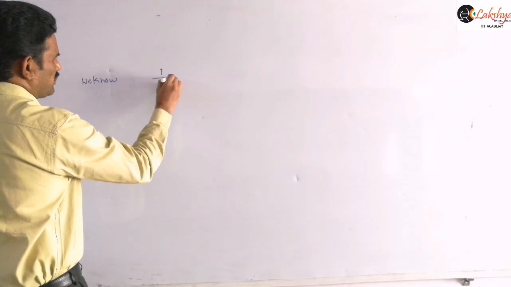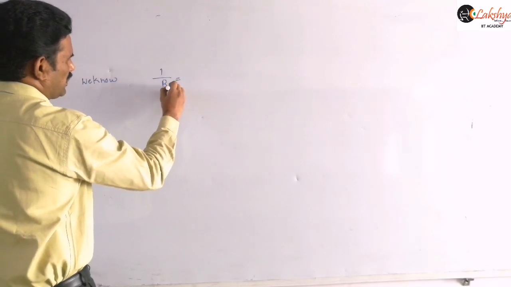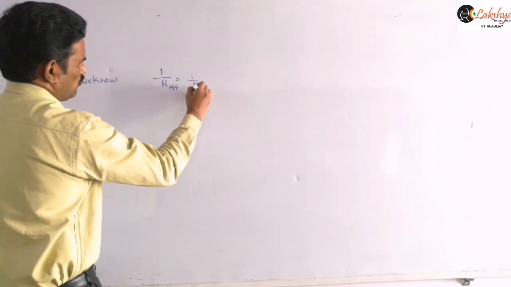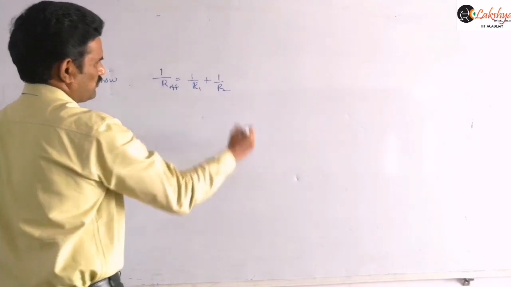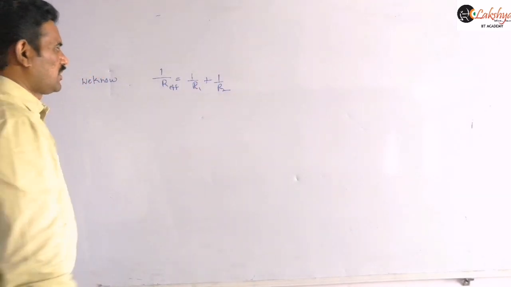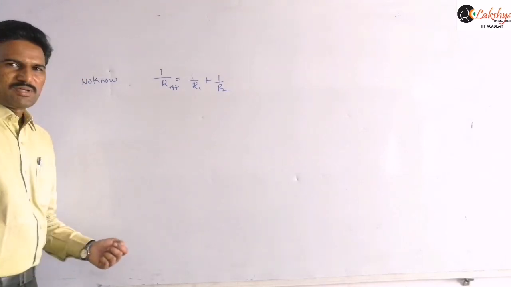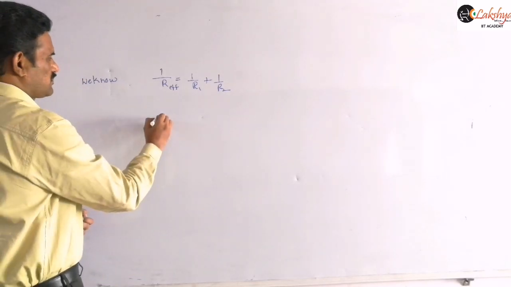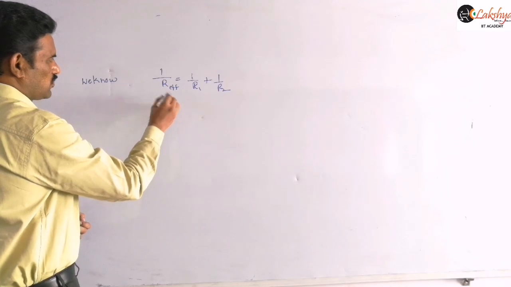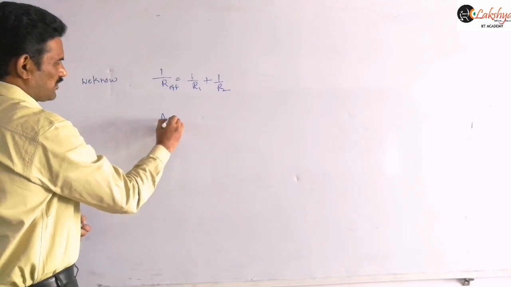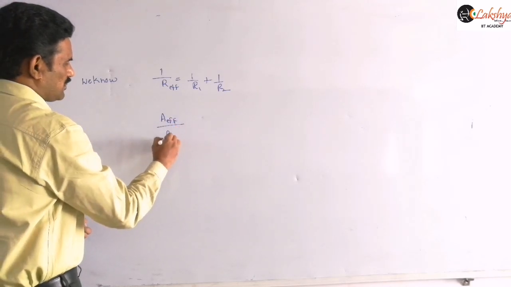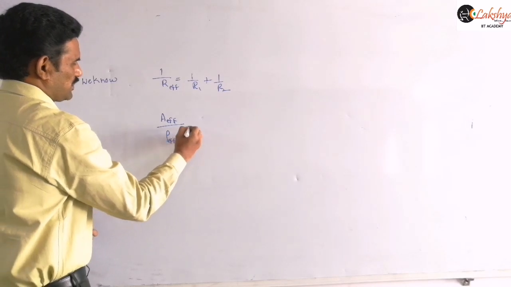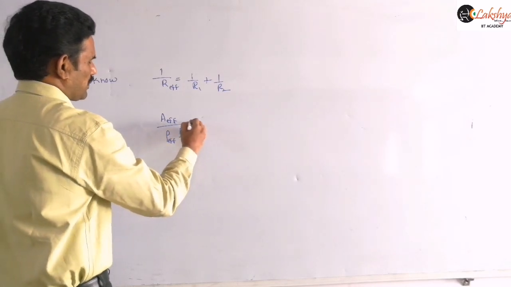So again we know 1 by R effective is equal to 1 by R1 plus 1 by R2 when they are joined in parallel, right? And so again let us apply this rho L by A formula. So this value I can write as rho L by A, so A effective by rho effective into L. Here L is the same when they are joined in parallel.